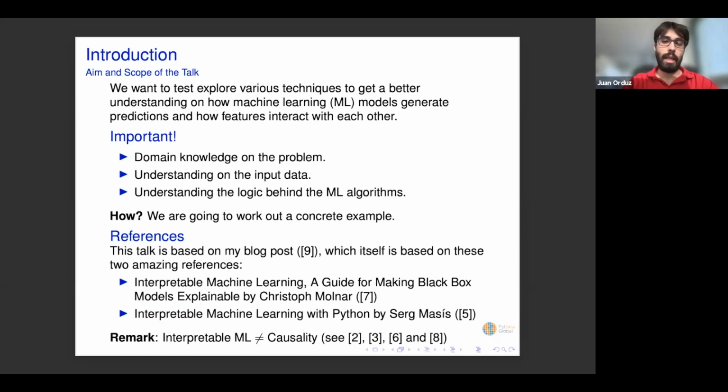The data set I took from there, but the models that we're going to look into are a little bit different. I also want to mention the book of Serg Masís, which is about the Python implementations. A remark that I want to mention, although it's not in the scope of this talk, is that interpretable machine learning is not equivalent to causality, because these are slightly different problems, and in the references below, I share some very nice articles about this subject.